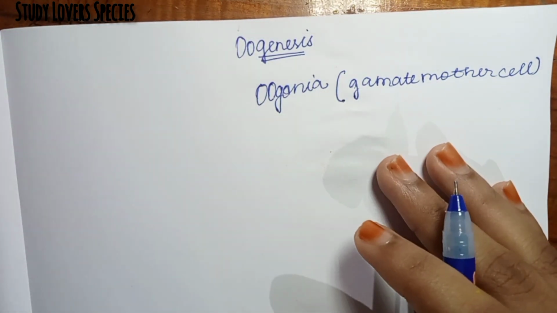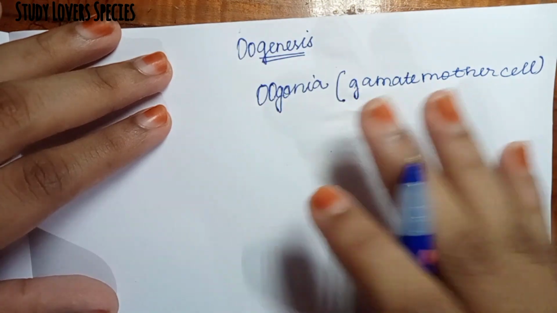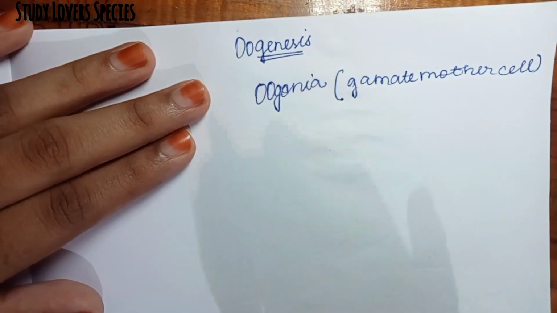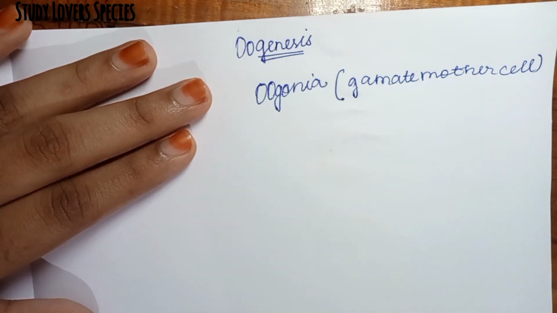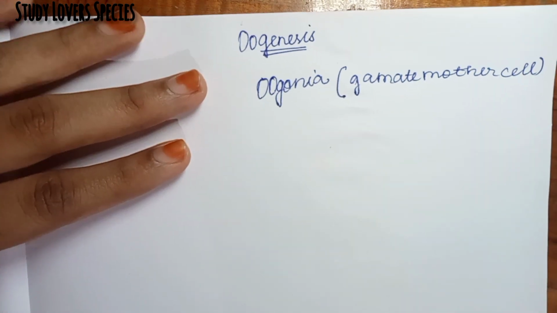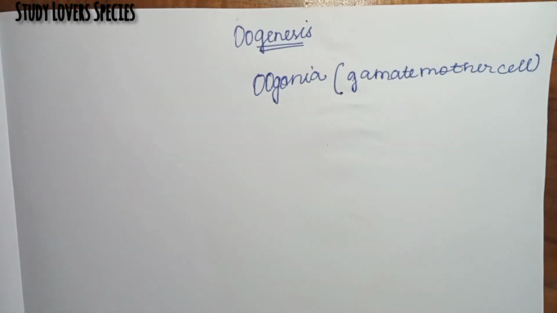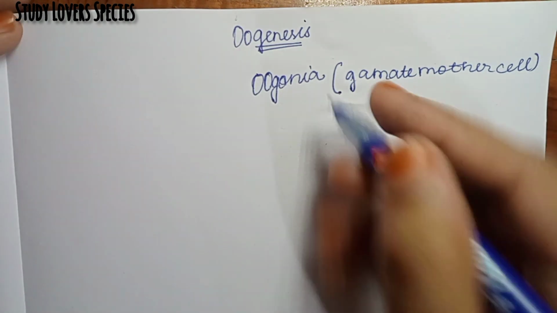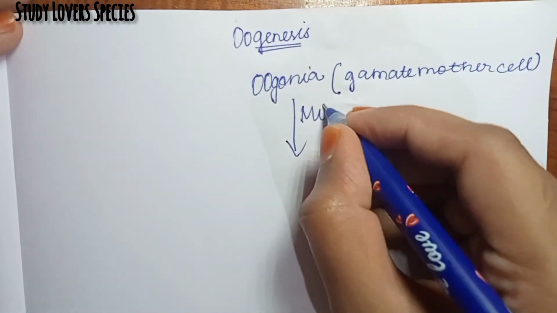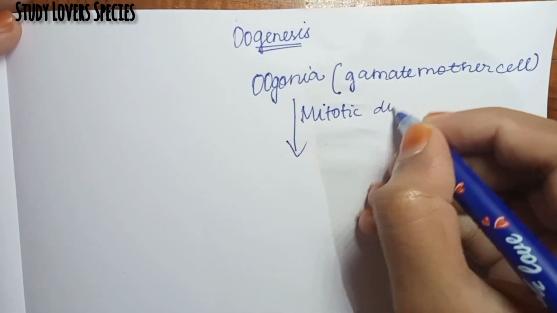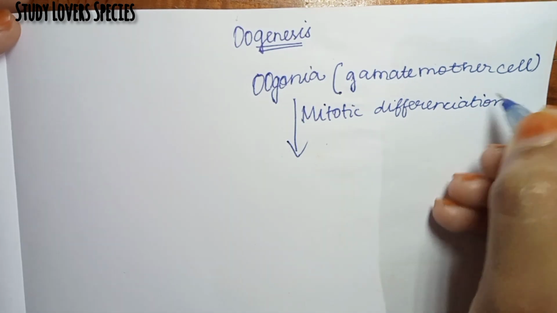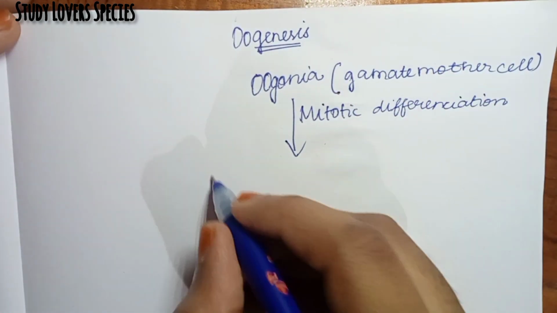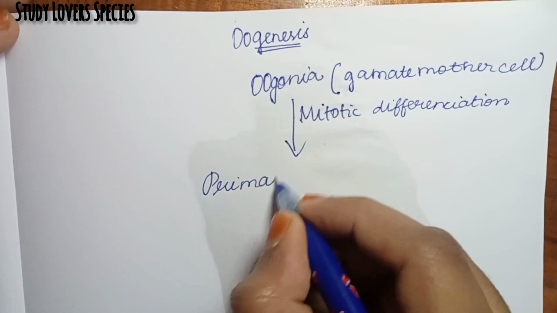Millions of oogonia will get formed. Once the baby comes outside the mother's womb, no more oogonia will be added. Clear? No more oogonia will be formed. This oogonia will undergo mitotic differentiation and change into primary oocyte.